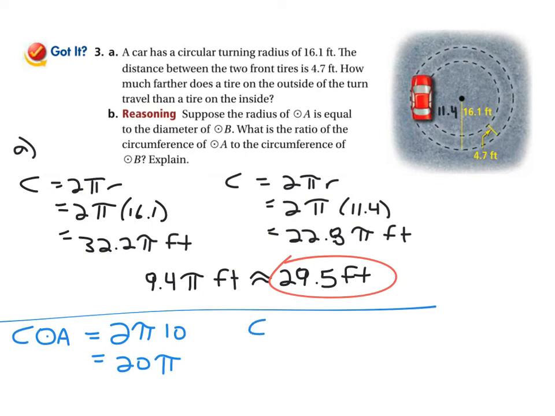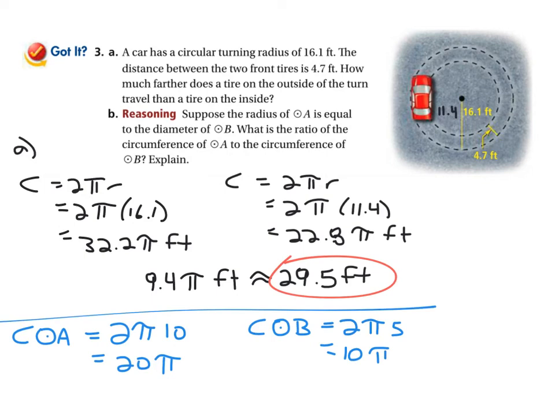And here for the circumference of circle B, we say 2 pi times the radius, and they say that the radius of this one is equal to the diameter of the other, so the radius must be half. And we get 10 pi.